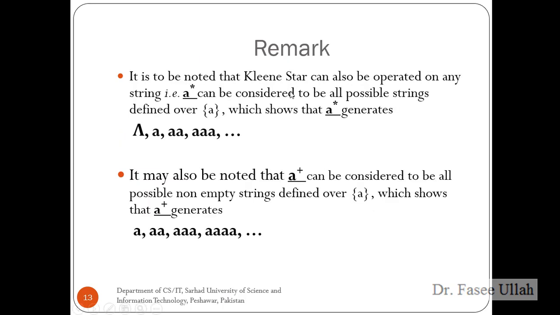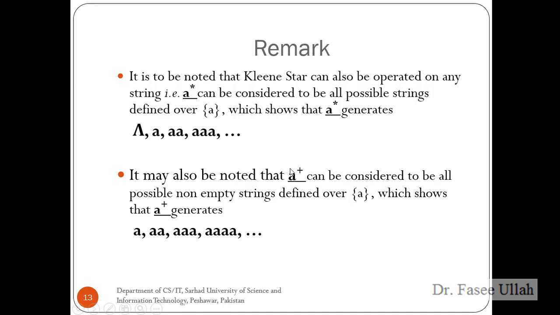We have some important points. It is to be noted that the Kleene star can also be operated on any string. It could be implemented on any kind of input value. For example, the star can be considered to be all possible strings defining our language over the set of A, which shows that A asterisk can generate the empty string, A 1 time, 2 times A, 3 times A, 4 times A, 5 times A, and so on.